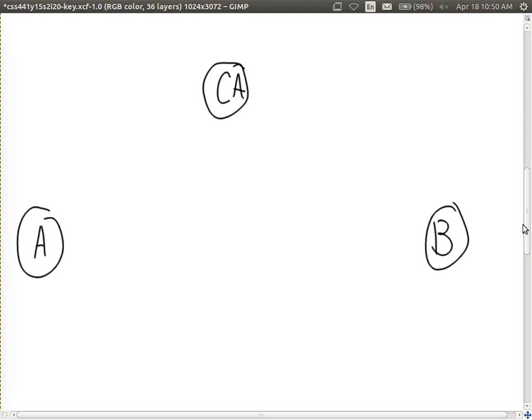So the manual exchange is that A goes to the authority and shows the public key of A to the authority. So we'll record what's known. Let's be clear that A knows its own public key and its own private key. B knows its own public key and private key. They have their own pairs.